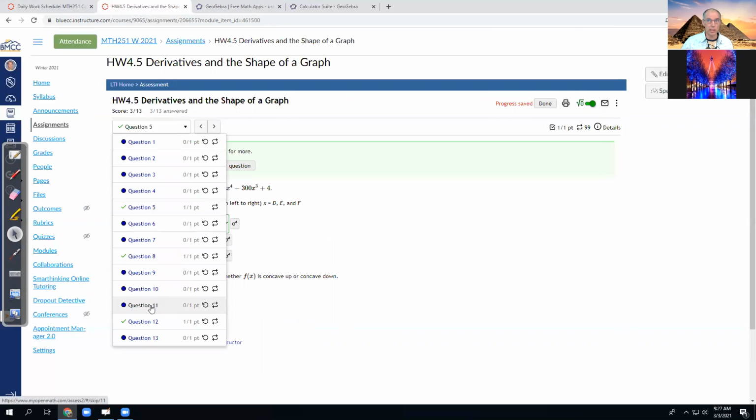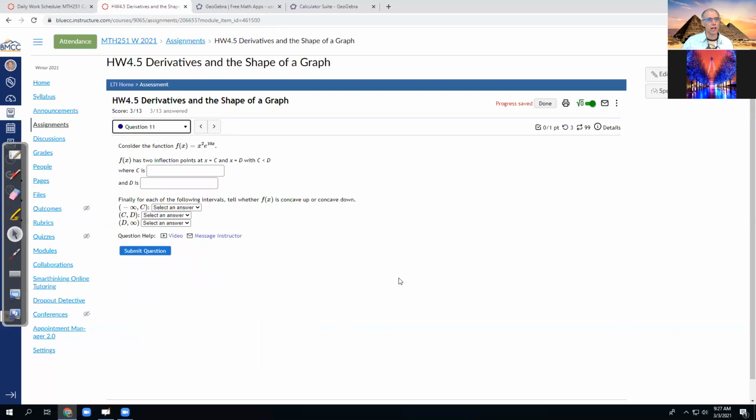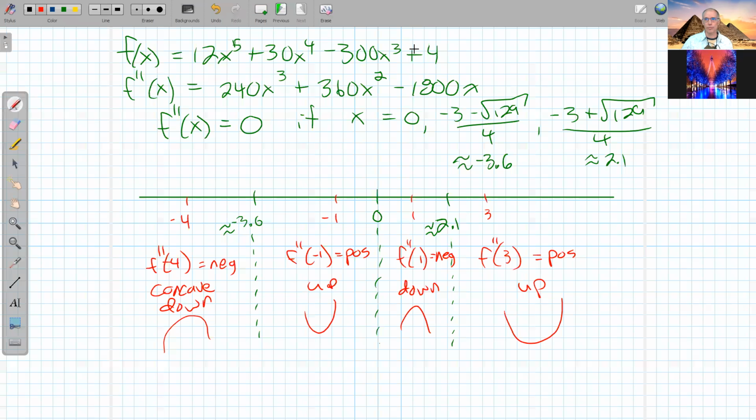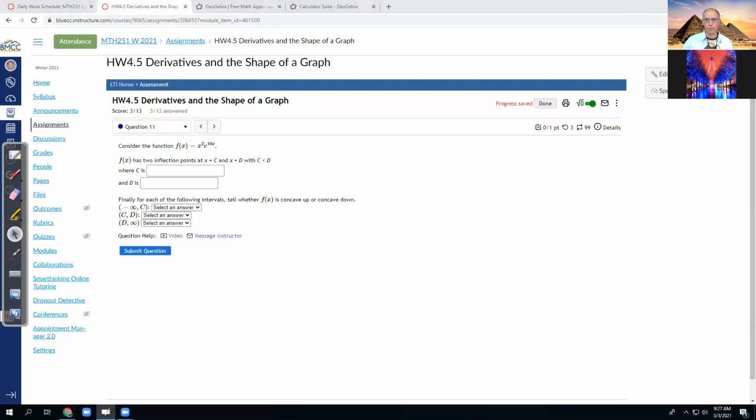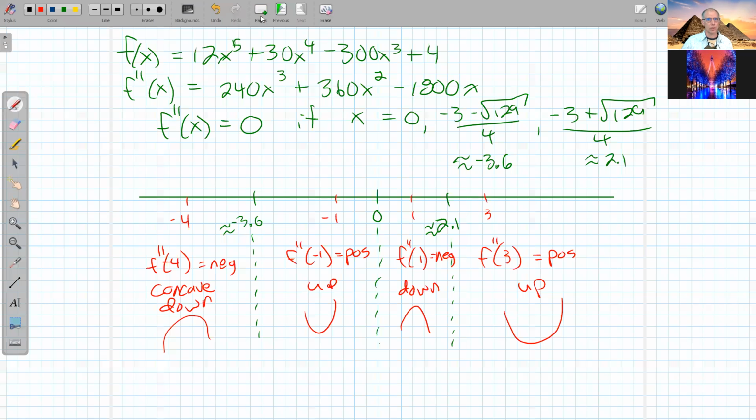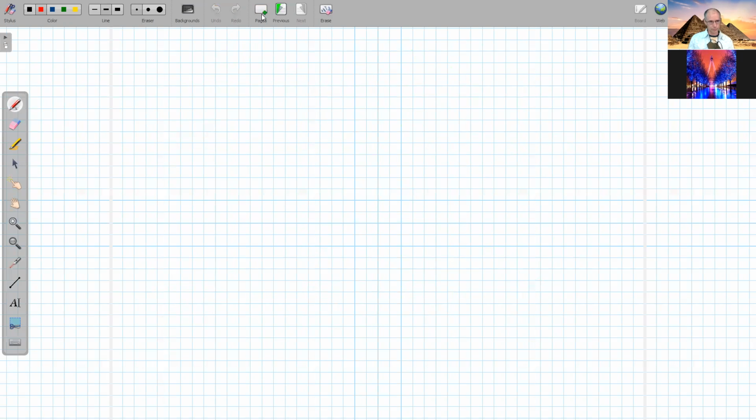Next one, number 11. X squared times 10 to the x, and the claim is that there's 2 inflection points. And so let's make sure that's true. So f of x, let's write in red, is x squared times e to the 10x.